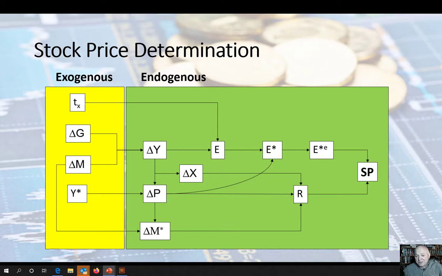And in the denominator, we have the discount rate, R. 1 plus R to the power of N. So share price is going to increase with increased expectations of real earnings, and it's going to decrease with higher risk, higher interest rates, higher risk-free rate. So the share price is going to bring together all of these factors, and it's going to be essentially caused by, well, of course, the effects of management decisions, but also by these exogenous and endogenous changes that come from the market, the determinants of stock price.